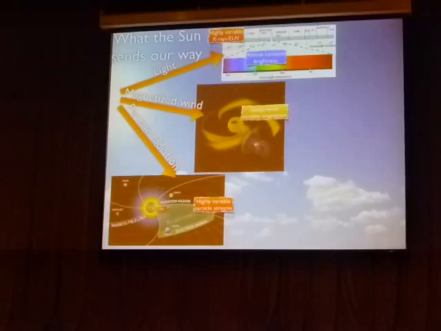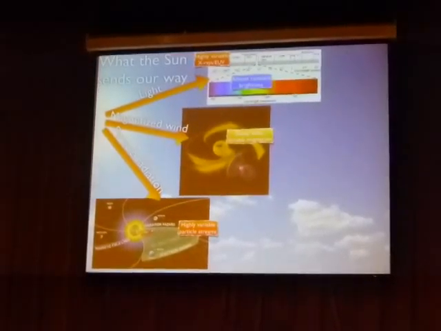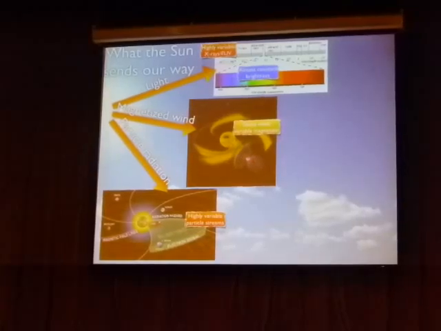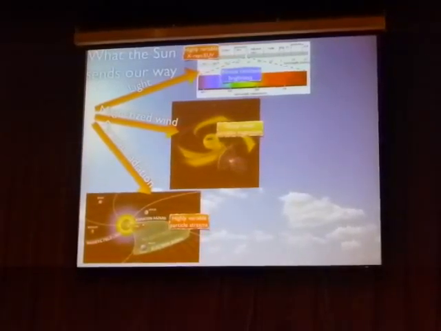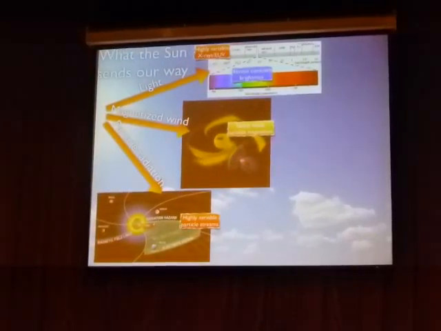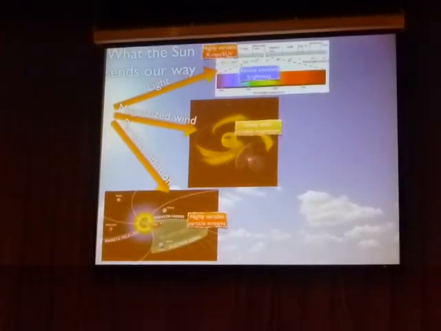These are all variable. The sun's light output may vary by a tiny 0.1%, and it's an important variation, but not very big. But once we look at the extreme ultraviolet and X-rays, the entire sun can brighten by a factor of 1,000 or 10,000 in a matter of minutes. The variable solar wind may change its wind speed by maybe a factor of 3 or 4 or 5 if you're really looking at the extremes between the slowest and the fastest wind.